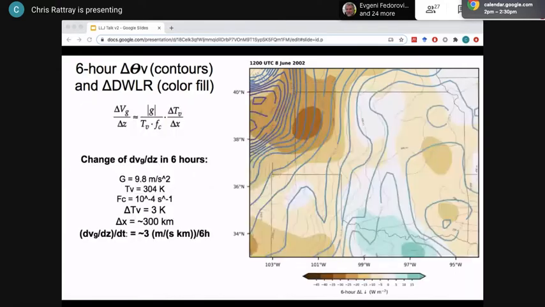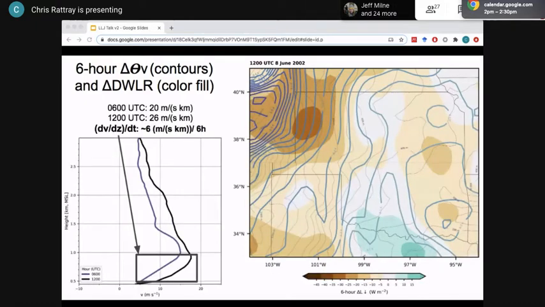So doing another quick thermal wind calculation, this time approximating the distance as about twice as much as before, we see that it should have resulted in about a 3 meter per second per kilometer change.